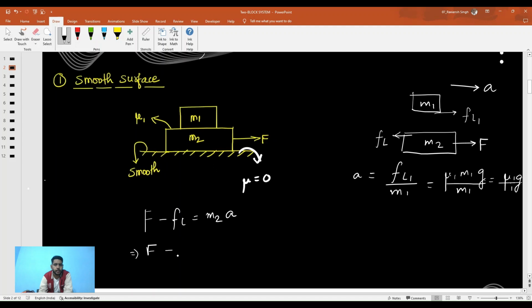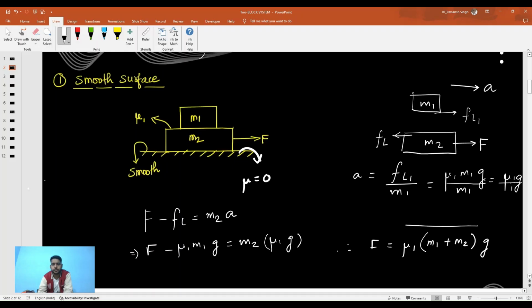FL can be written as mu 1 into m1 into g, which is equal to m2 into the acceleration, which can be written as mu 1 g from here. Simplifying this, we can find that F is equal to mu 1 into m1 plus m2 into g.